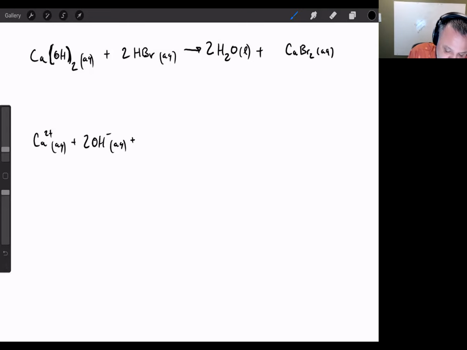Now, what about the acid? Well, remember that the acid is a molecular compound, but that it behaves ionically. And so instead of writing down HBr together, it is aqueous in this case. It did behave ionically when you put it in water. So it broke up into H+ ion and bromide ion.